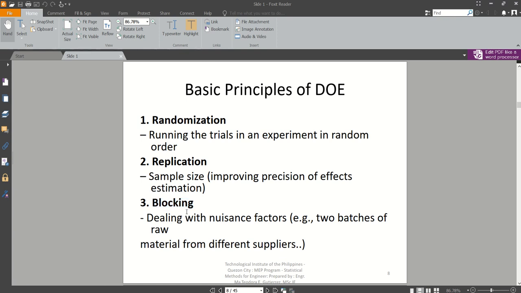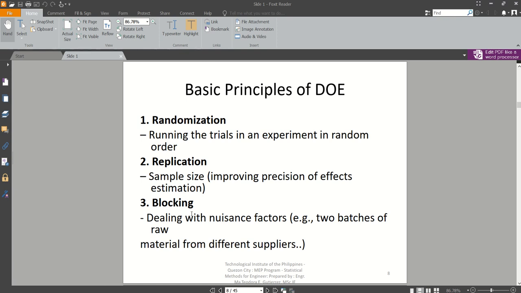Okay? So here, for example, if you're going to design a particular aggregate for a concrete or concrete hollow blocks, hindi ka gagamit ng aggregates from different sources. You will only use one particular aggregate from one particular place or location.